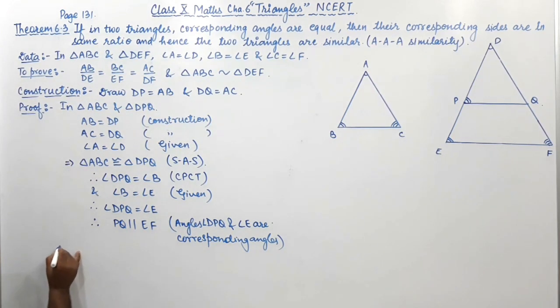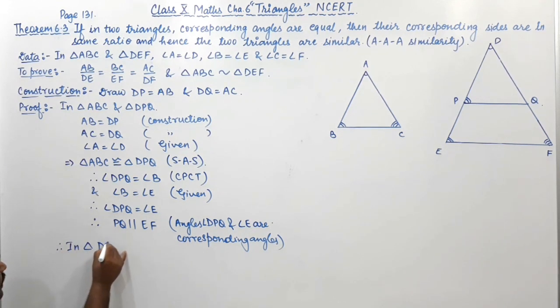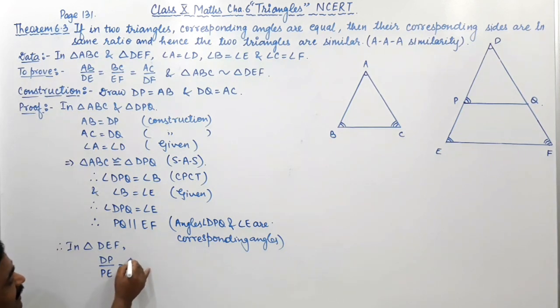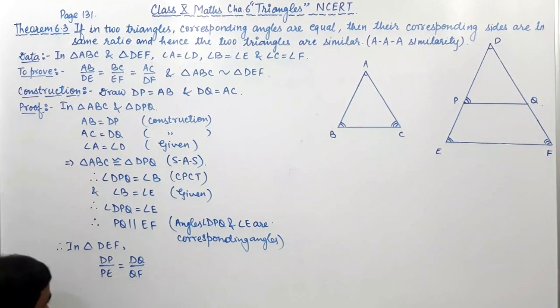Therefore, in triangle DEF we can say that DP upon PE equals DQ upon QF. Is it?